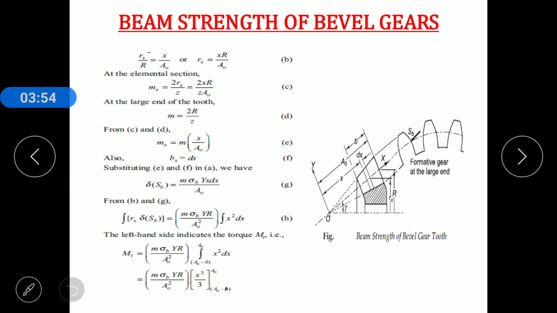Again, see the figure carefully. Using this figure, we take one relation: small rx divided by capital R is equal to x divided by AO. Therefore rx is equal to x into capital R divided by AO.